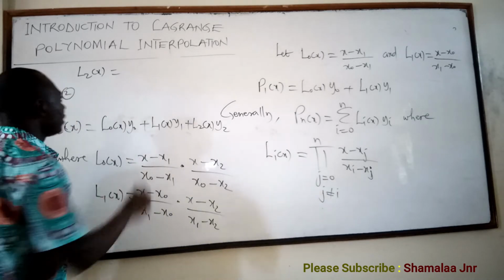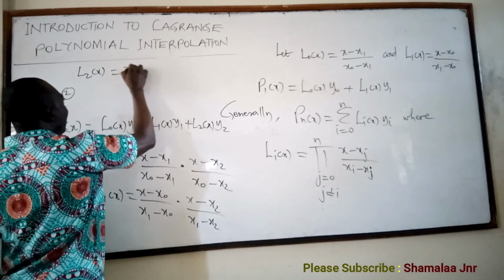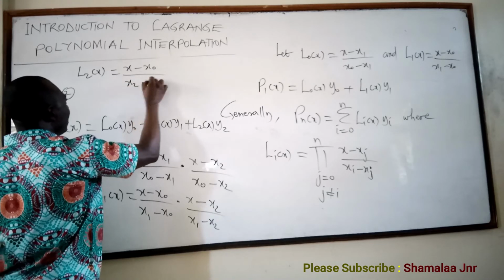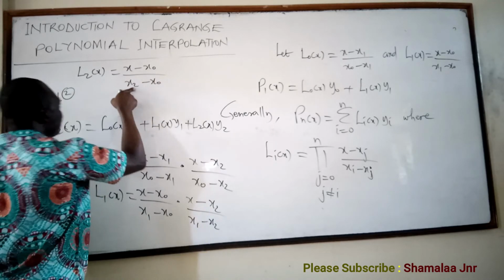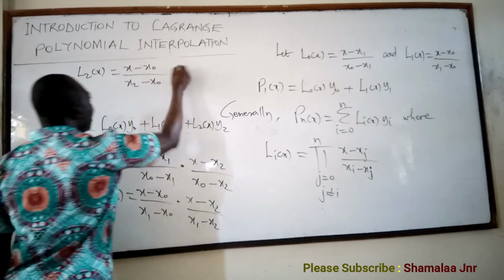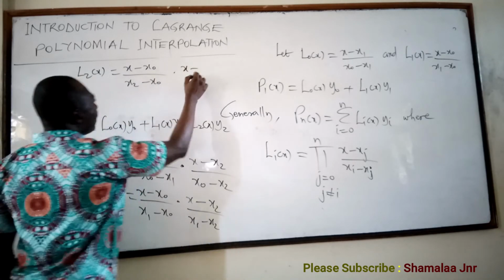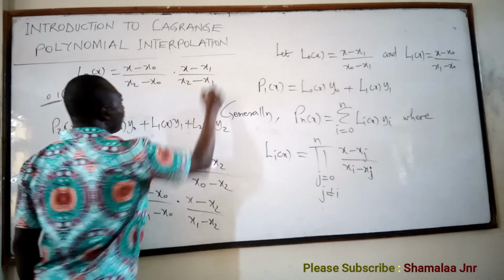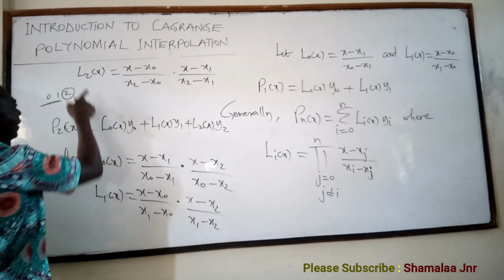So j will take 0 first. So that will be x minus x0 all over x2 minus x0. Don't forget that i is fixed. If it is 2, it is 2 throughout. Times x minus x1 all over x2 minus x1. Are you seeing it?